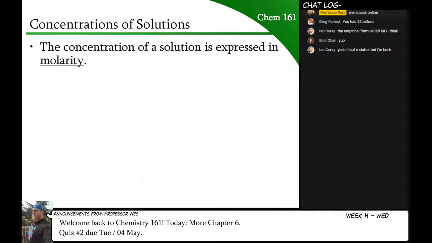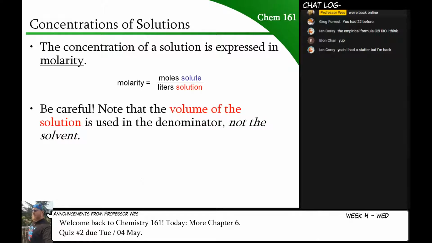Now, I gave you the formula on the previous page, number of particles per volume, so let's just formalize it here. Note that the bottom of the expression is not liters of solvent, it is liters of solution. So you want to know the entire solution. That means that the solute, which is oftentimes a solid, when you add it to your liquid, it may not seem like it changes the volume, but it totally does, because solutes have volume too.